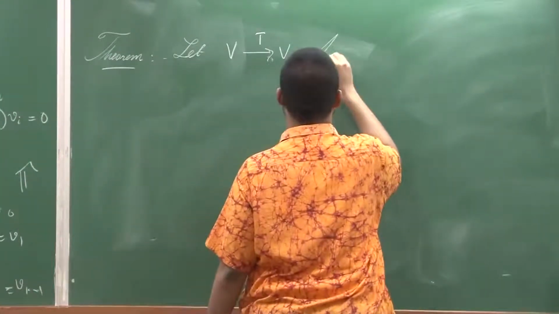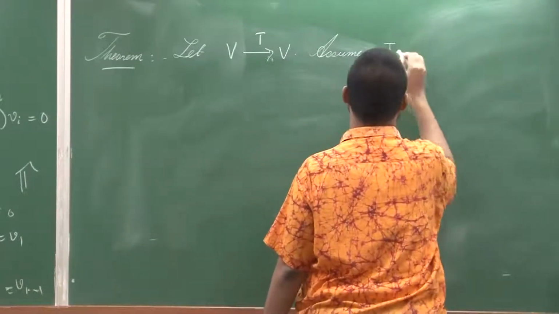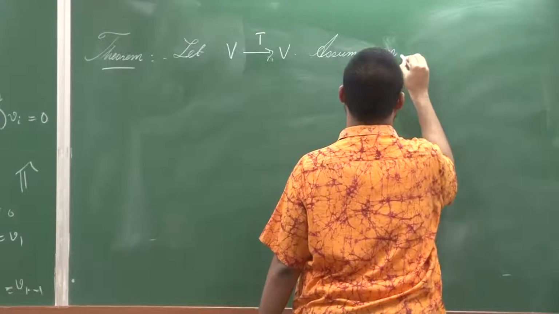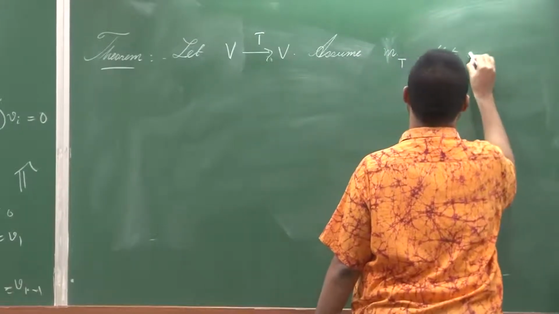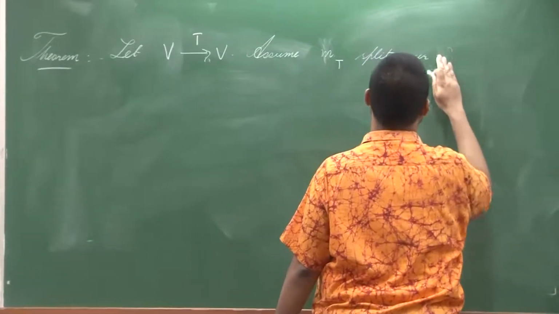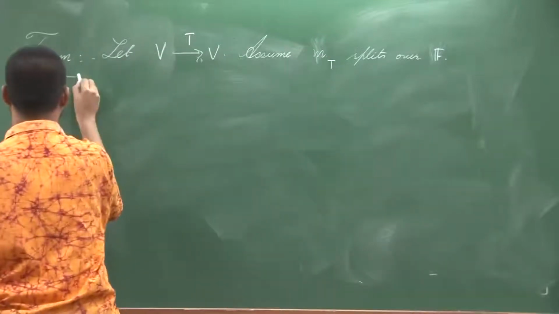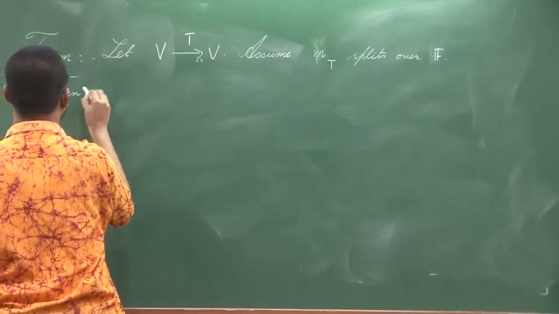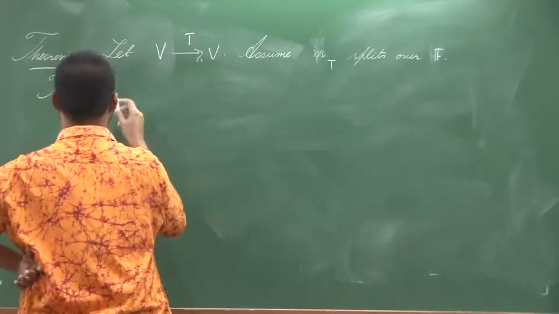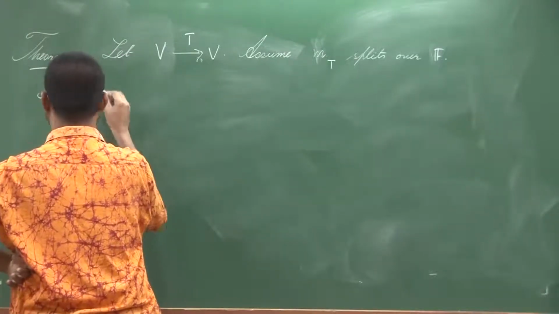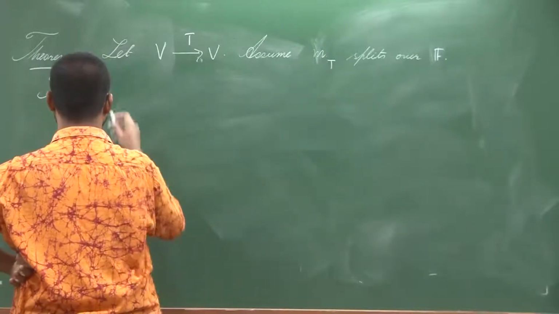Assume T splits over F, then T has a Jordan basis.